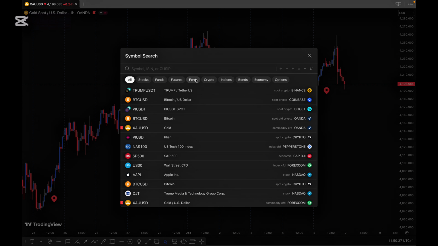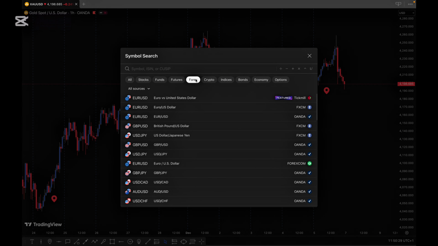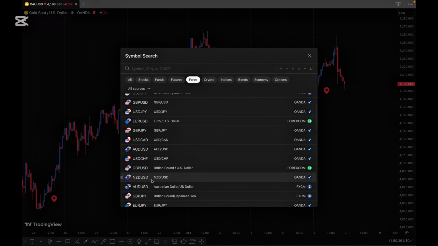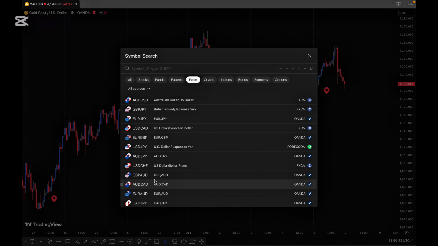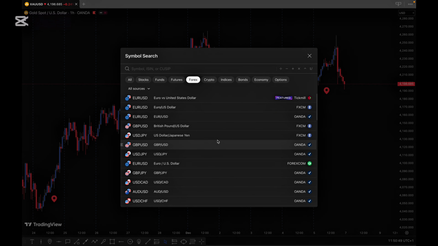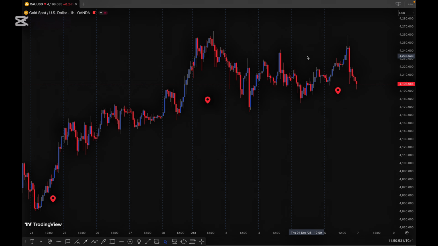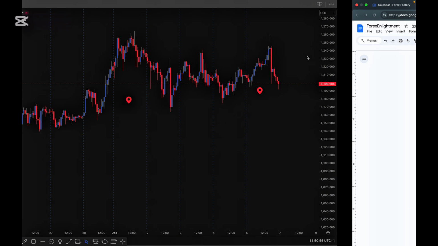So these instruments are usually in pairs. It's either you are trading GBP against USD, or the US dollar against the Japanese yen, or the New Zealand dollar against the US dollar. So I think that should be enough explanation regarding forex terms.